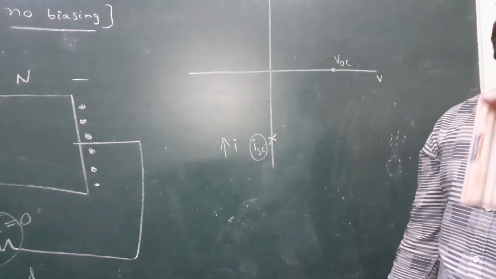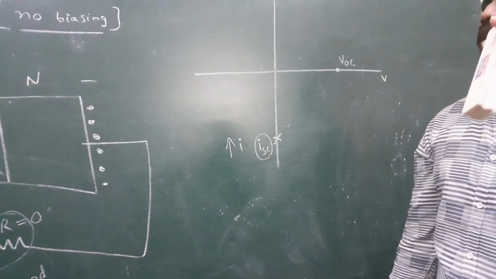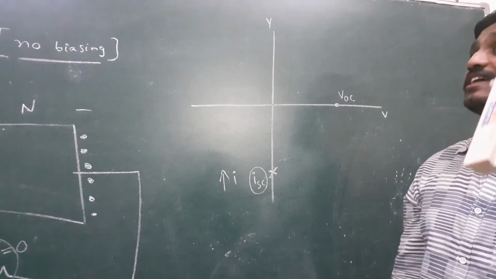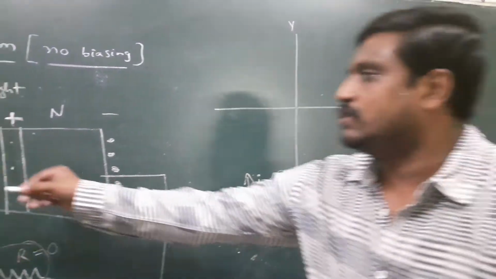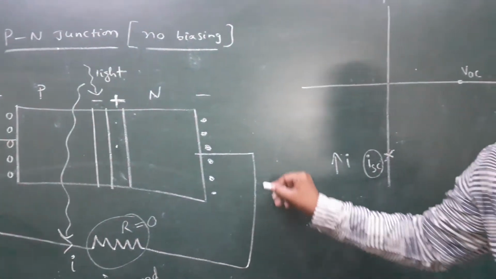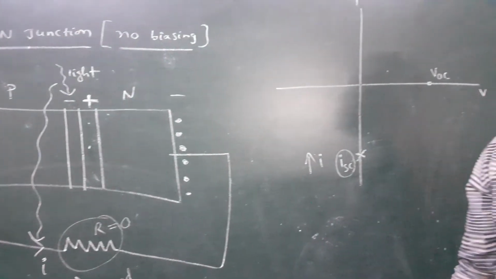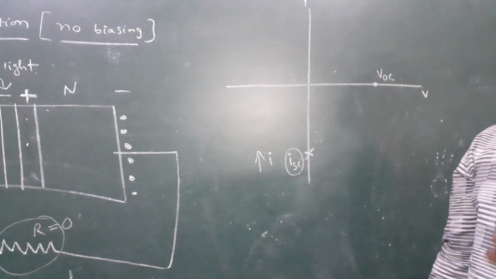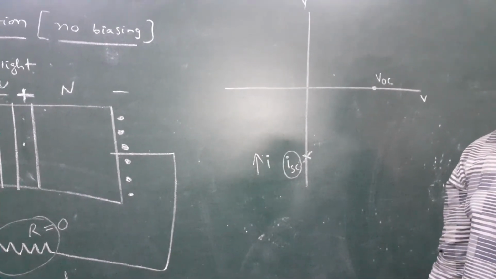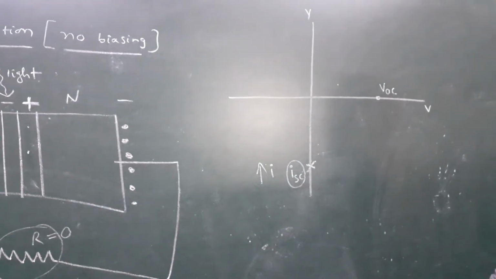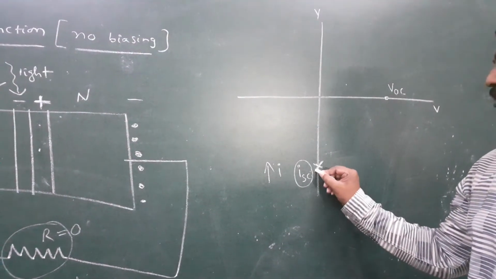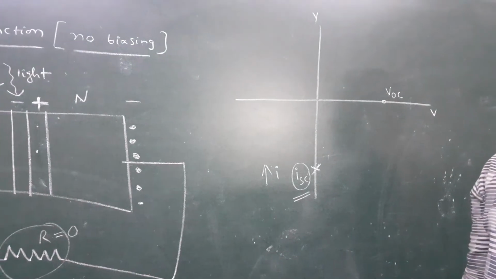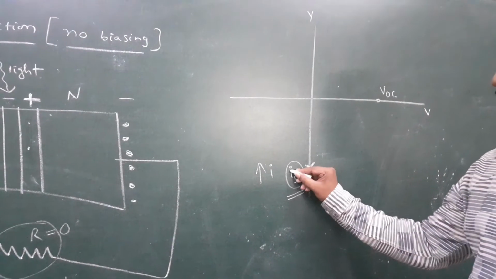For short circuit current, the closed wire is a conducting wire. Conducting wire means its resistance becomes nearly 0. That means resistance 0, opposition 0, so current flow in the circuit becomes maximum. That current is called short circuit current, ISC.